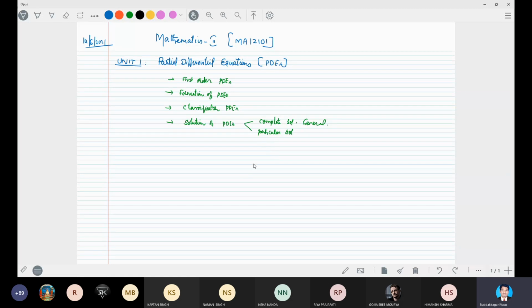Different methods are there: linear PDEs, non-linear PDEs, some standard methods. Charpit's method. Next, the standard types of PDEs, right? Next, Charpit's method. Next, higher Charpit's method.